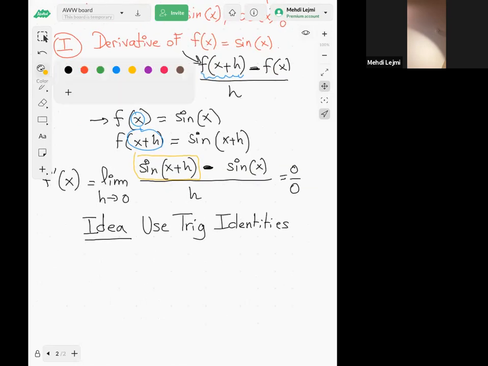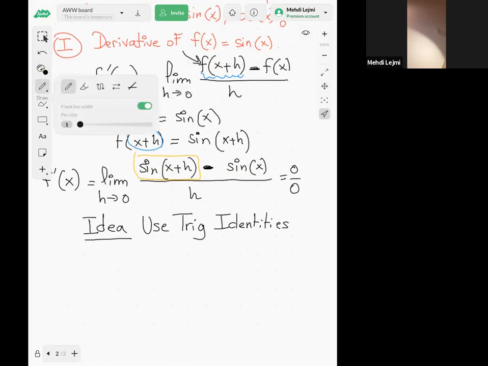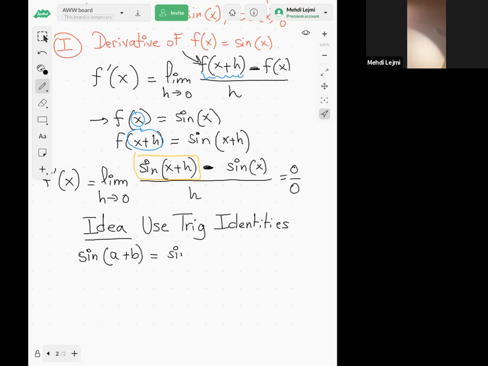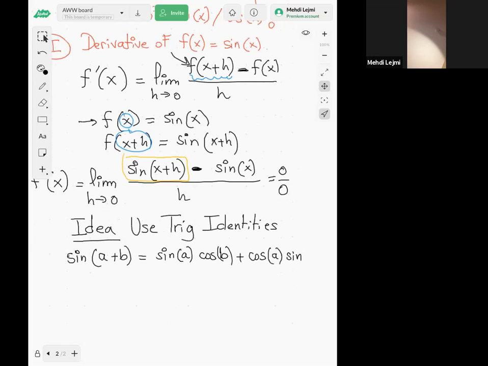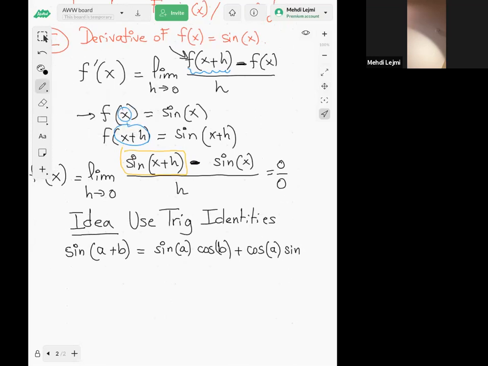We're going to use the following trig identity. Sine of a plus b will be sine of a times cosine of b, plus cosine of a times sine of b.